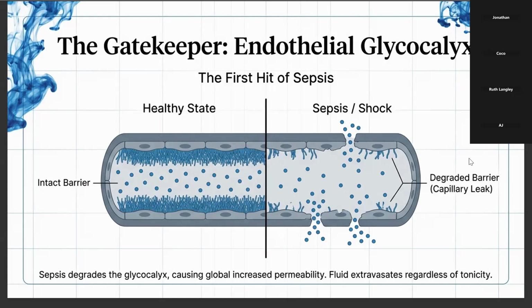So you get this capillary leak in sepsis and shock. Fluid can move out of the intravascular spaces into the interstitial spaces more easily. And this is what we call capillary leak. So if we give them loads and loads and loads of fluid that they don't actually need, it's got nowhere else to go except into the interstitium and then into all the other places that may cause harm.